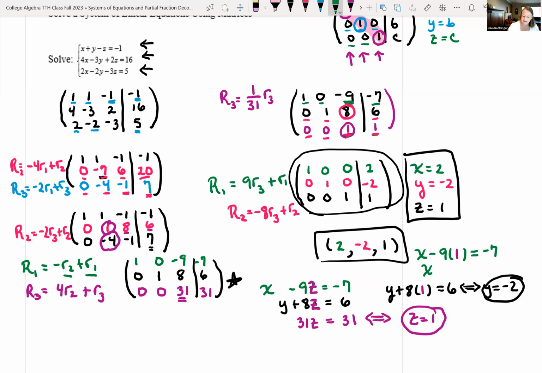So getting x by itself, I could add 9 to both sides of my equation. So I would get x is equal to -7 plus 9, which is 2. Which notice is the same values I got by manipulating my matrix to be in that form.